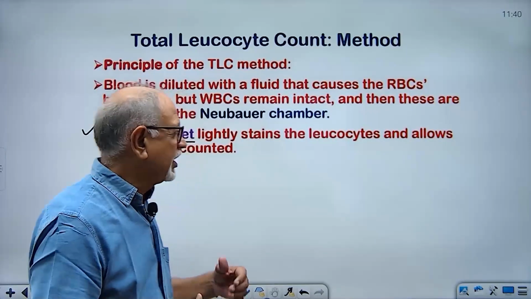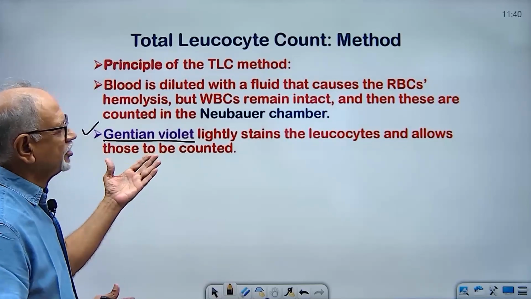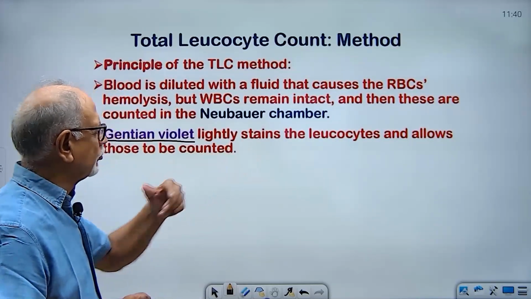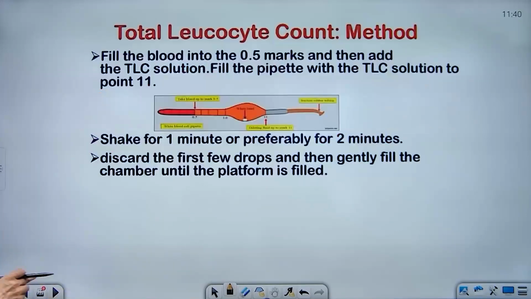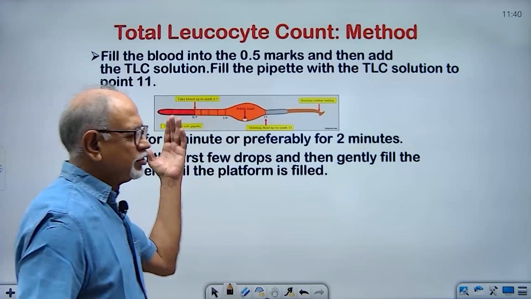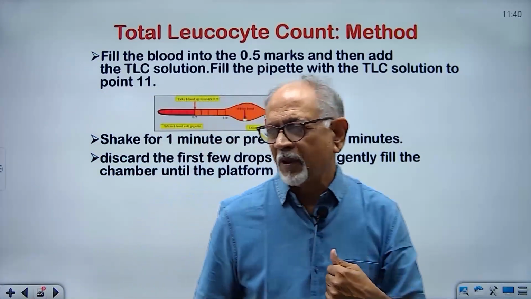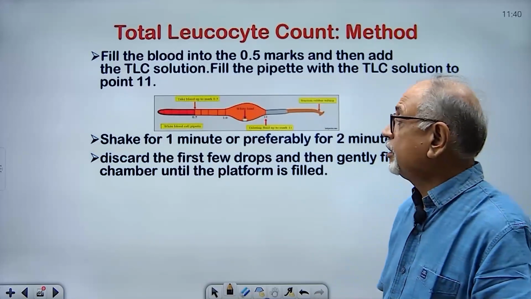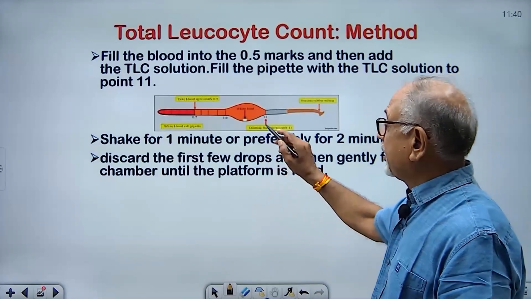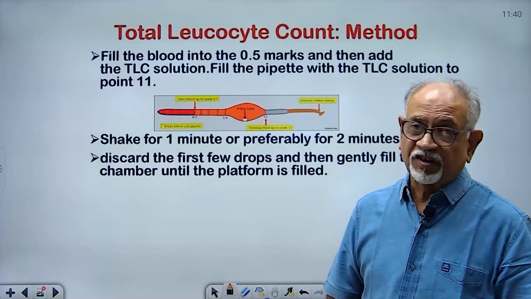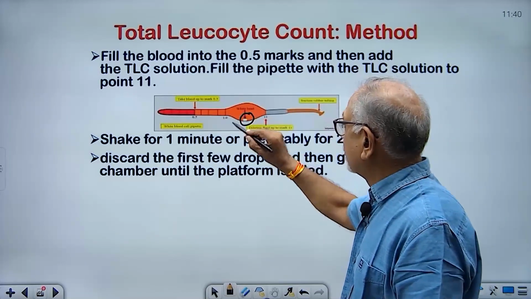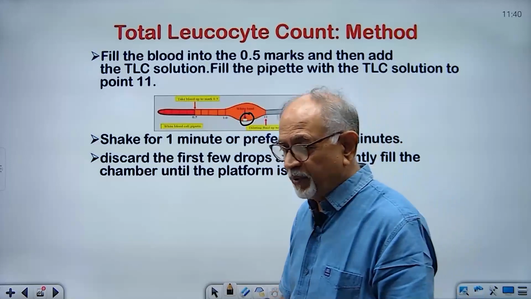So, gentian violet is used in the diluting fluid for counting leukocytes. Now, here you can see the pipette used for the purpose. In the counting of RBC, the pipette had a red bead inside, but in this case you can see there is a white bead in the pipette.